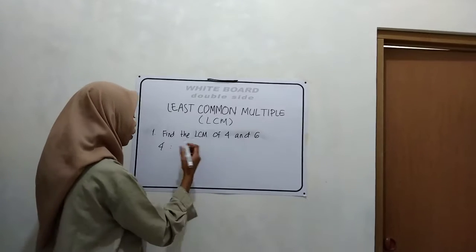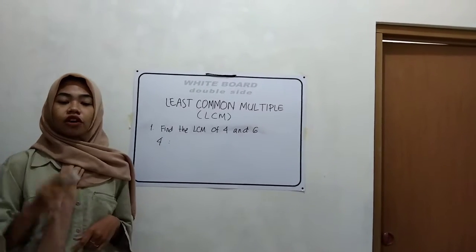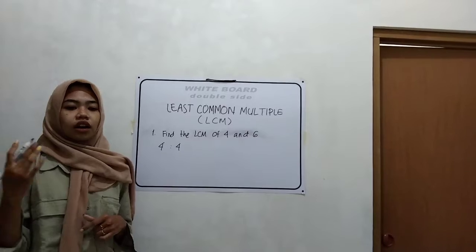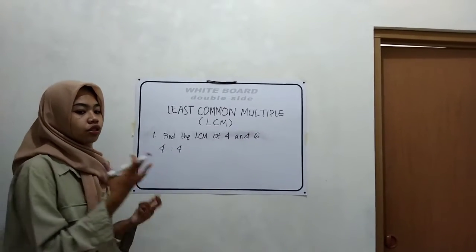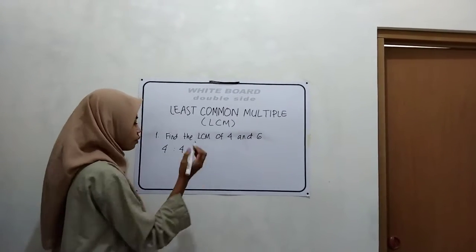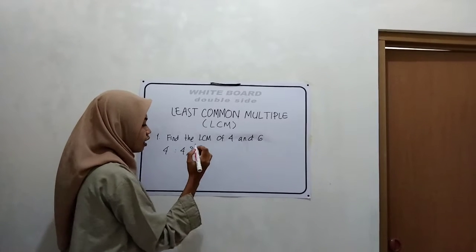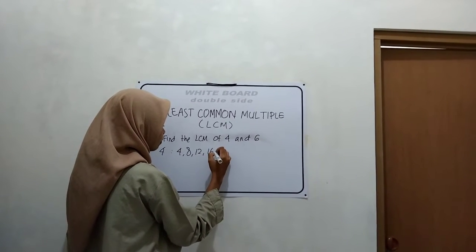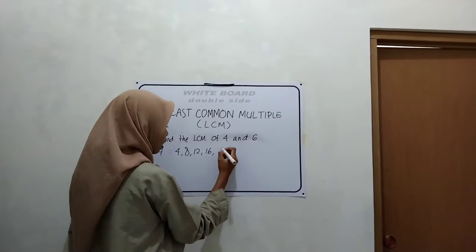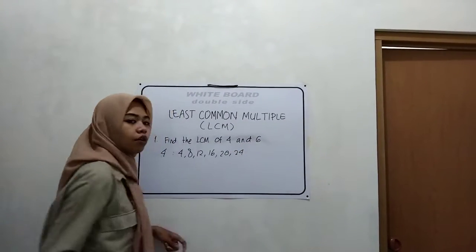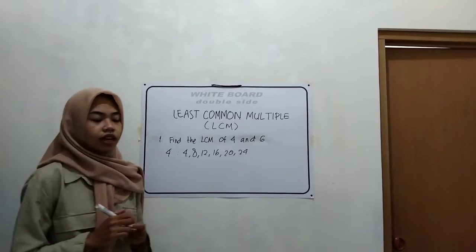Okay, well, 4 times 1 is 4. We always start with that. Then 4 times 2 is 8, and then 12, 16, 20, 24, and we can keep going on.